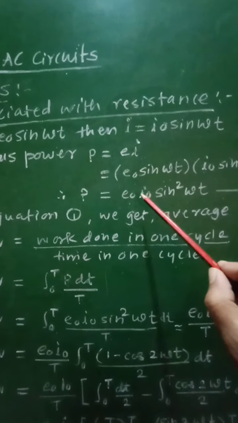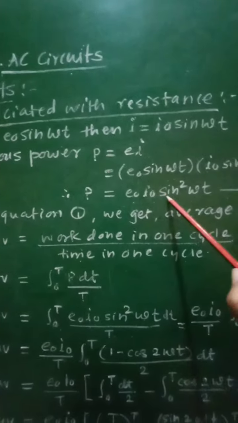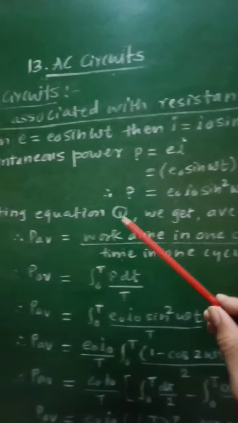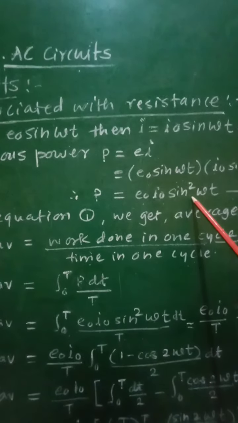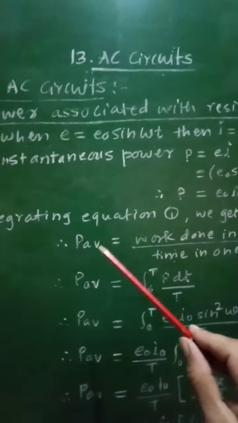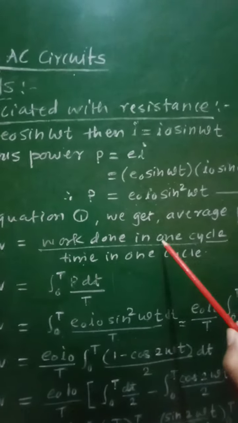and from this we can find the average value, that is the power for a finite interval of time. Therefore, integrating equation 1, we get the average power, that is P average is equal to work done in one cycle.